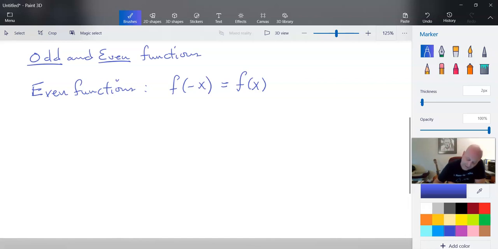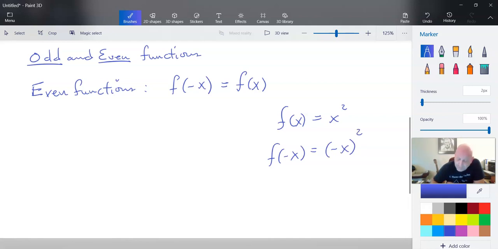So here's a good example. f of x is equal to x squared, right? If I take and substitute in a negative x, so f of negative x is equal to negative x squared. Well, what happens to that negative? If I'm squaring a negative, it turns it positive. And so this ends up being x squared, which is still my original function. So x squared is an even function.